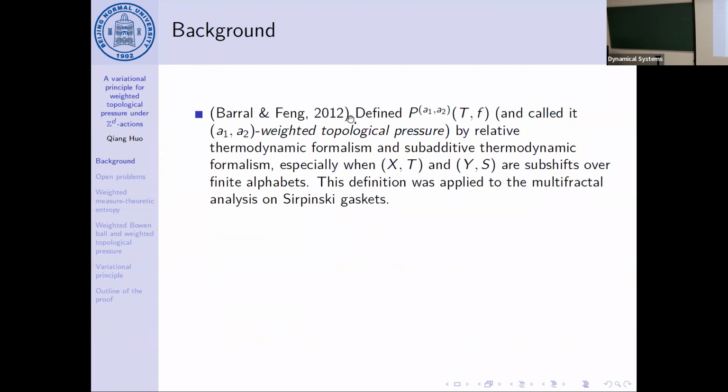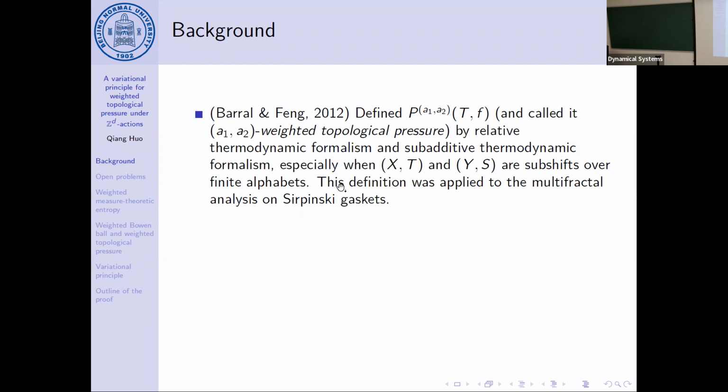And Barral and Feng, they also defined this term P A1, A2, and they called it A1, A2 weighted topological pressure by relative thermodynamic formalism and sub-additive thermodynamic formalism, especially when the underlying dynamical systems are subshifts over finite alphabets.